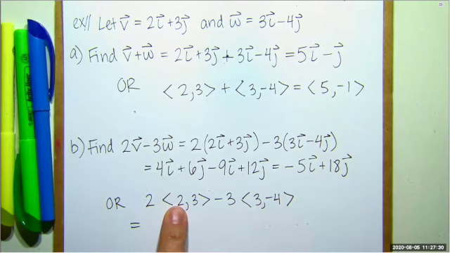Or if you want to write these all out, we'd have 4, 6, minus 9, negative 12, which would give us 4 minus 9 is negative 5, and 6 minus negative 12 is 18. But actually from this point, if you wanted to jump right down here, you'd have 4 minus 9 would give you negative 5. You don't actually need to write out this middle step.